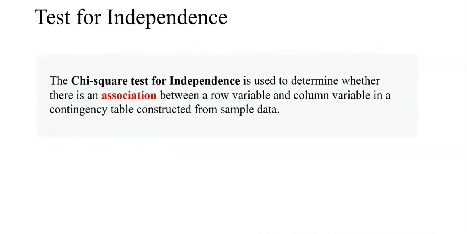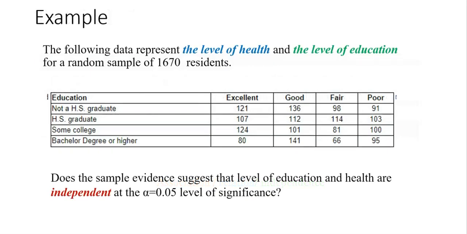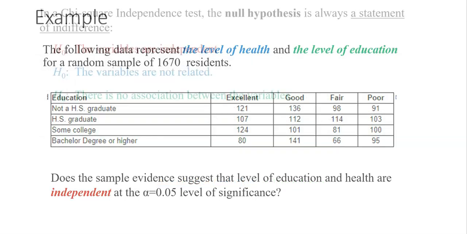For test of independence, we use it to determine whether there is an association between a row variable and a column variable in a contingency table constructed from sample data. Instead of association, we can use words like, is there a relation between the variables, or are the variables dependent or independent?